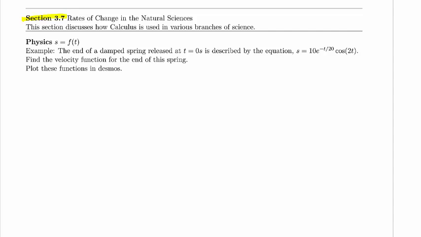And we begin with the example of a damped spring. A damped spring is simply a spring that has some kind of friction holding it back. And so we have this equation right here that we're going to be dealing with, and this is going to describe the motion of a spring.